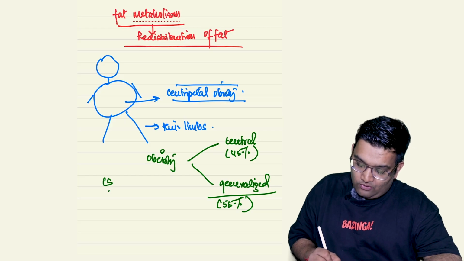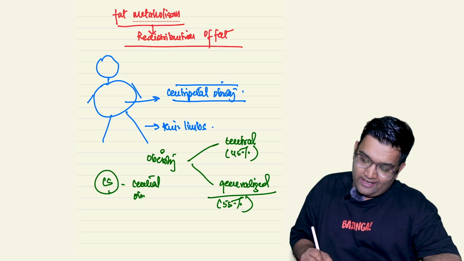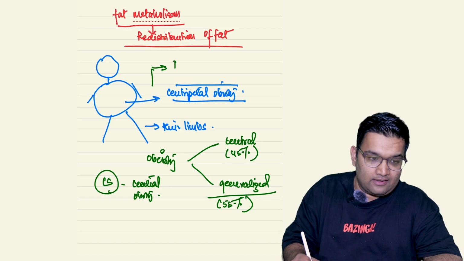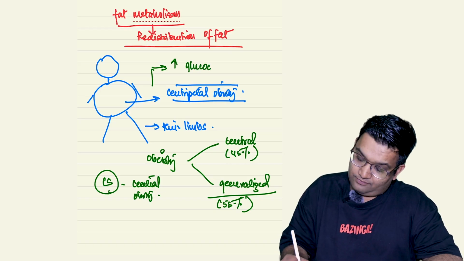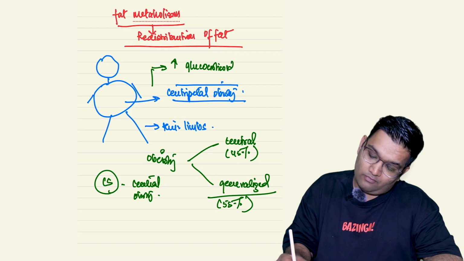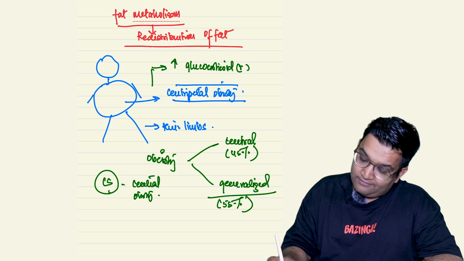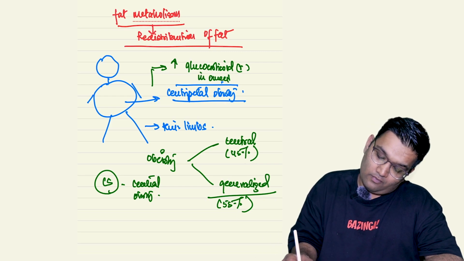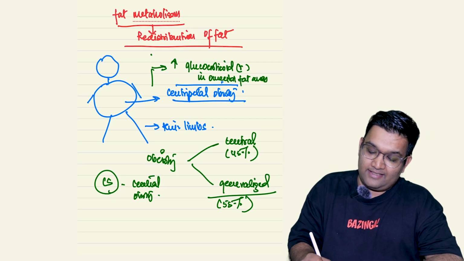Cushing syndrome will have central obesity. The reason for that is that there is an increase in glucocorticoid receptors in the omental fat area. Then there is another reason.